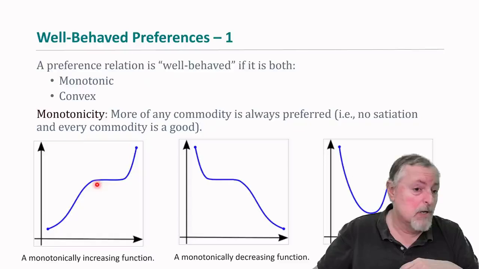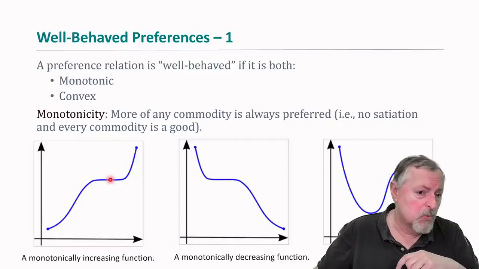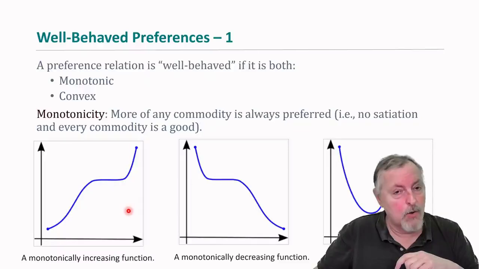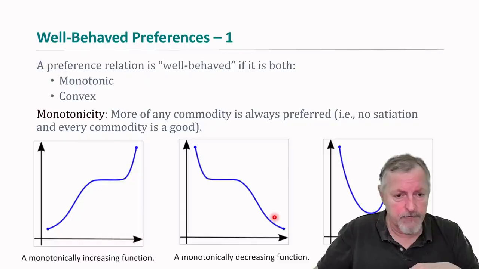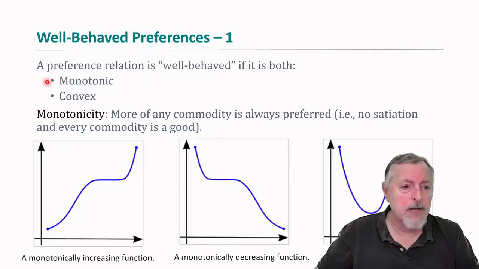Notice it does have a spot here where it's horizontal, but it never goes down. This one, a monotonically decreasing function, never goes up. This is not a monotone function. Preferences are said to be well-behaved if they are monotonic and convex.